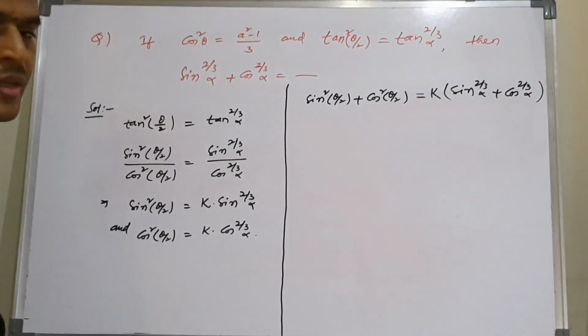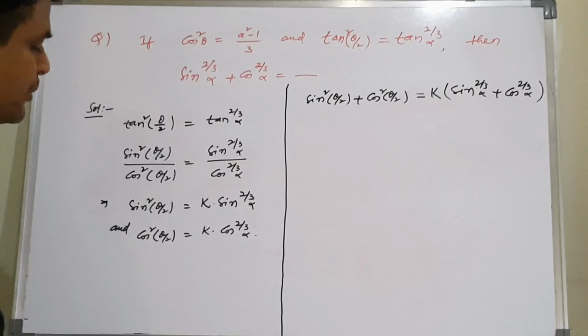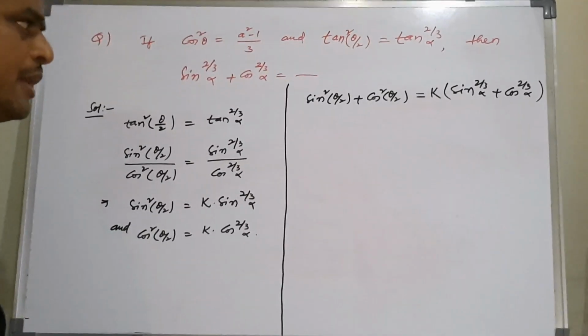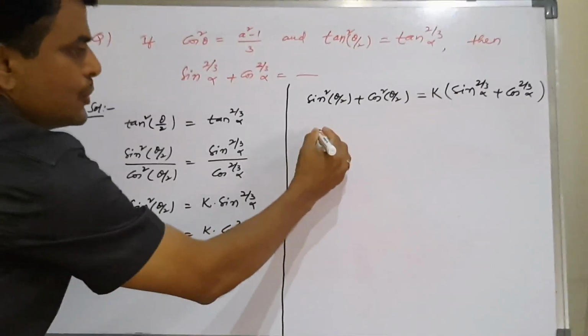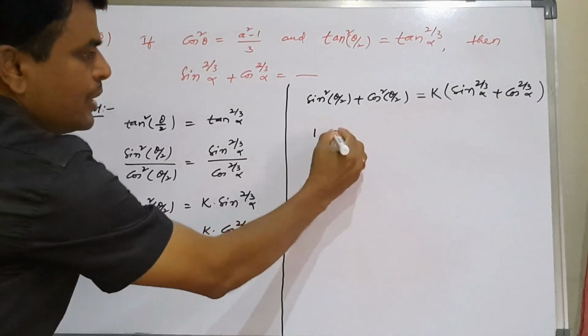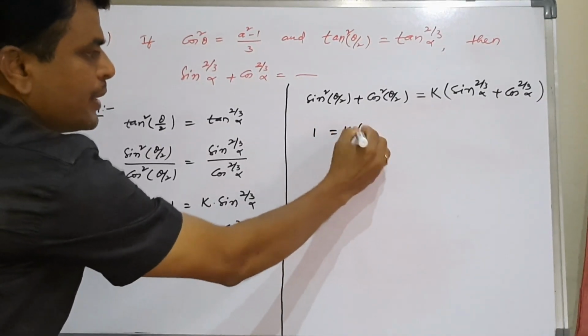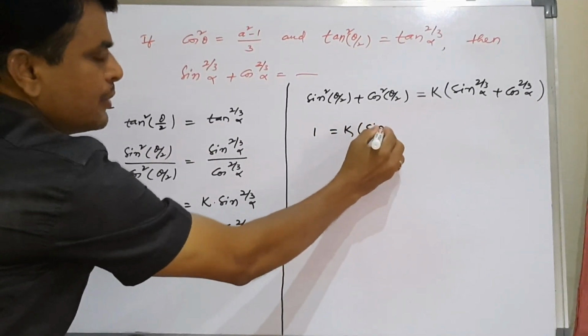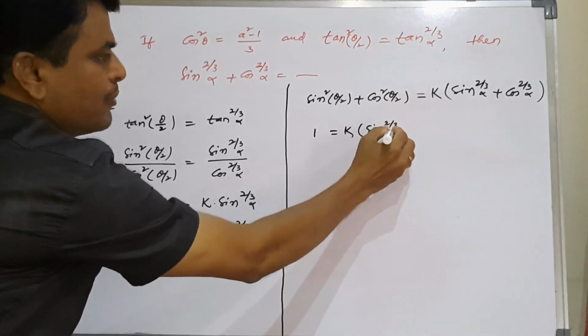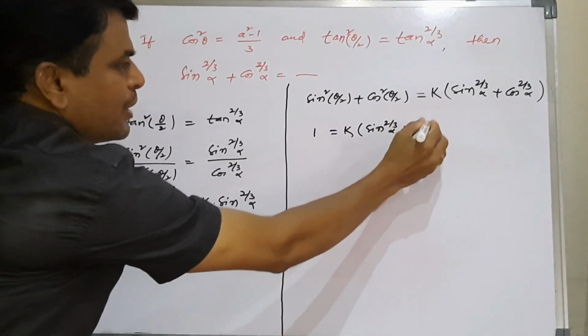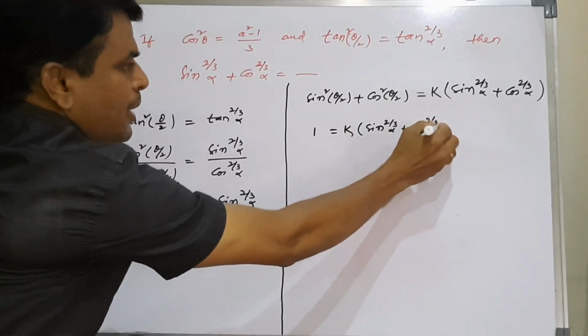But we know that sin square theta by 2 plus cos square theta by 2 is 1. So 1 is equal to k times of sin power 2 by 3 alpha plus cos power 2 by 3 alpha.